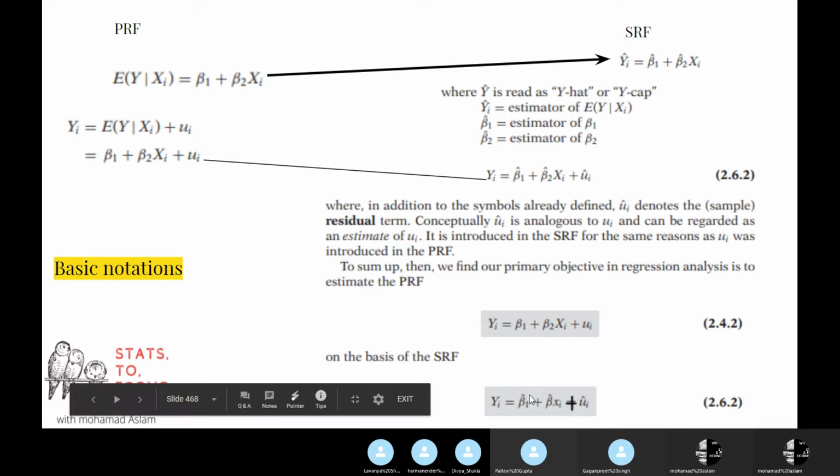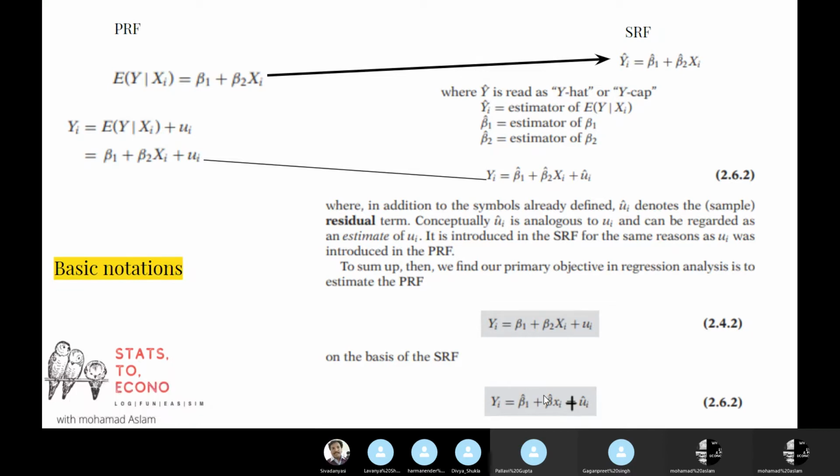Now the hat is just to show that it's estimated from the sample statistics. So in place of the population PRF, we are going to work with the sample statistics. If you have any doubt, please stop me there. These notations and equations are important for the derivation part.